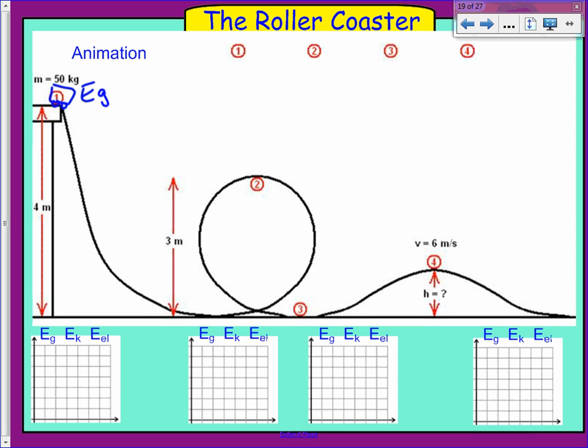It's not moving yet, so there's no kinetic energy. Kinetic energy will come as it goes down the ramp. Since the cart is not attached to any sort of spring, there is no elastic energy here. And so all the energy at spot 1 is going to be gravitational. So I'm going to create a bar chart with all the energy being stored as gravitational energy.